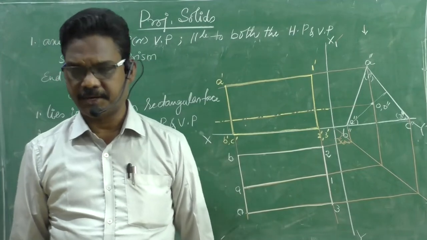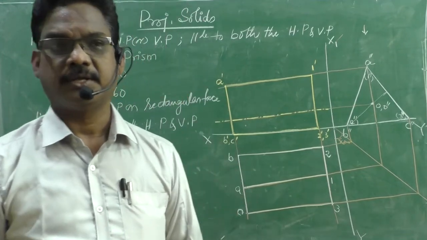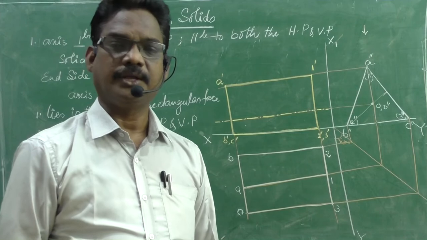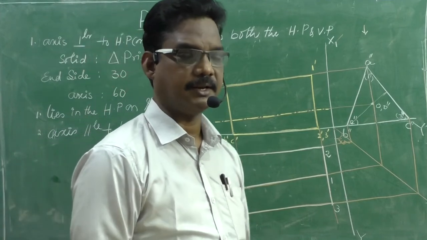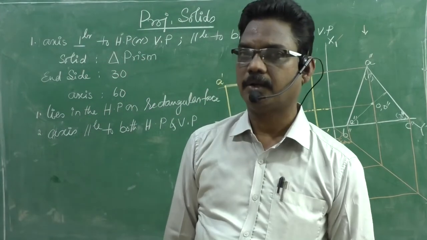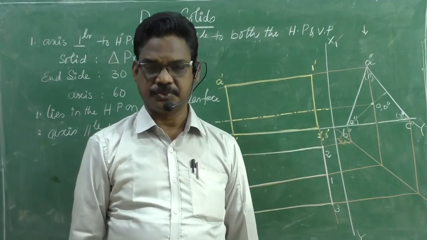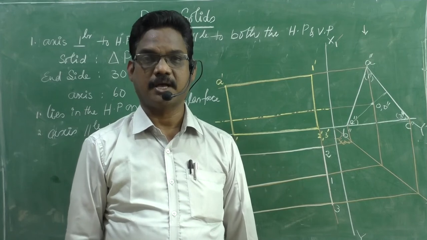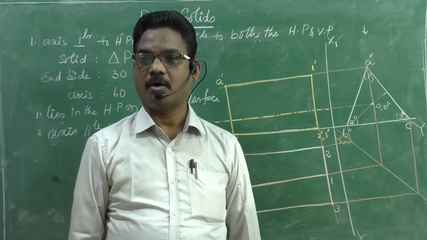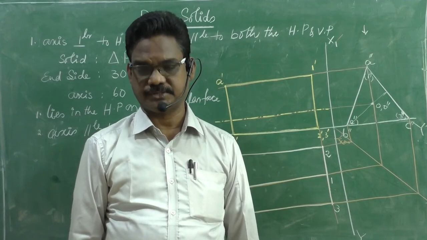Now we will consider one more problem. A tetrahedron side equal to 50 mm lies in the HP on one of its face.